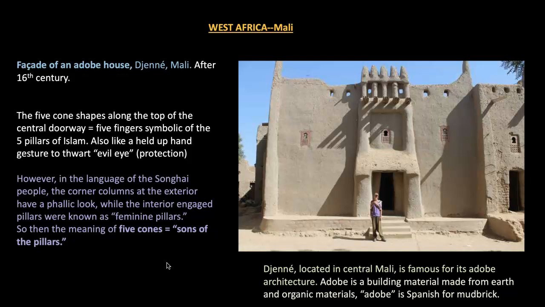According to the language of the local Songhai people, you might notice that the corner columns of the exterior protrude slightly like pillars do, but they have a slightly rounded look.